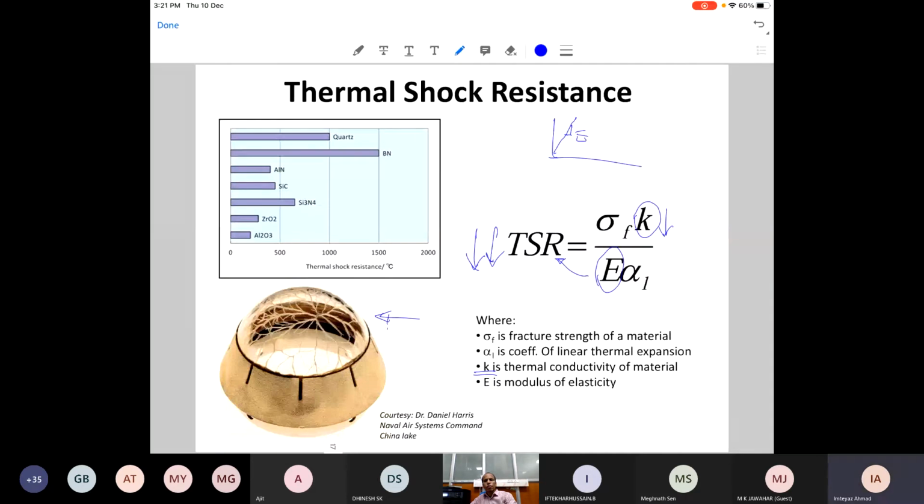missile cone which was fitted in an aircraft, and the aircraft went up and came down. Because of this up and down movement, the outer portion gets heated up because of the resistance of the air and some particles in the air rubbing on it. Generally, a fighter aircraft can go up to a temperature of 600 degrees C while flying.